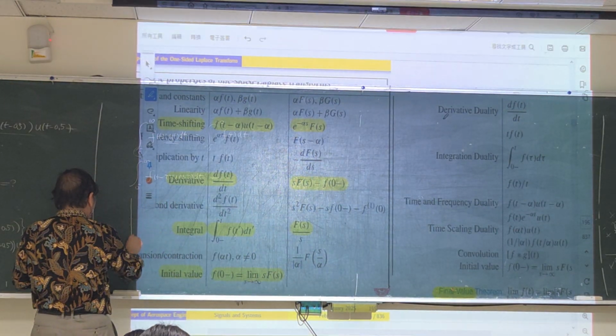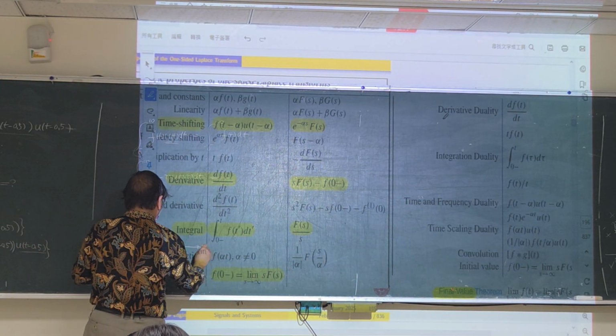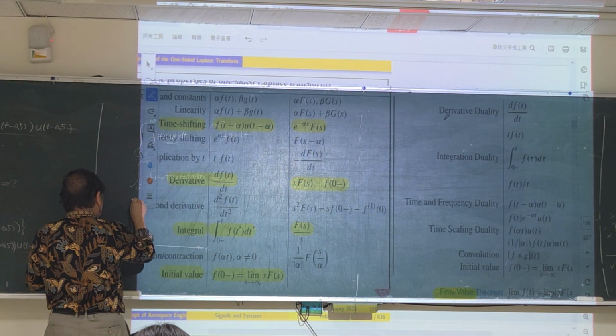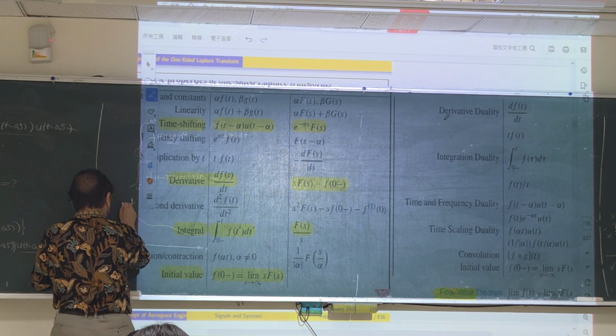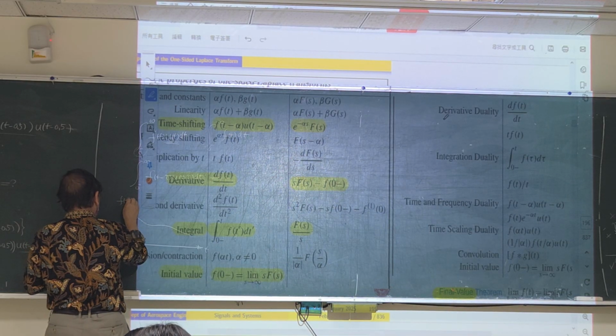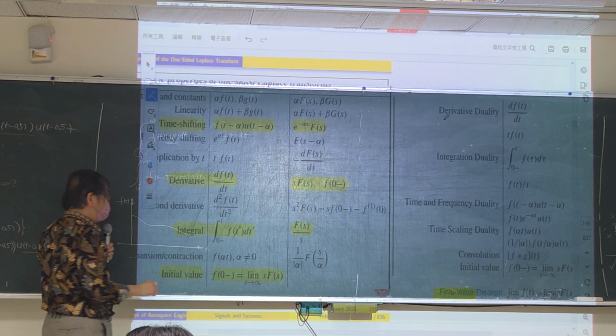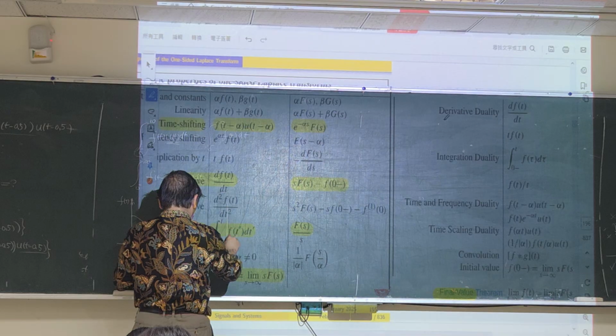Suppose I have an f of t in the time domain initially. But now I delay, I shift.